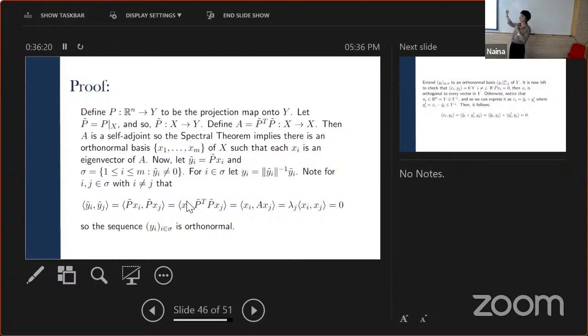Then P transpose P happens to be symmetric, so we can apply the spectral theorem and get an eigenbasis for it. Because we have chosen an eigenbasis, we can set y_i to be the image of the projection. We can show that as long as it's not in the kernel, these vectors are orthogonal to each other. We can normalize them and then show that they're orthogonal.